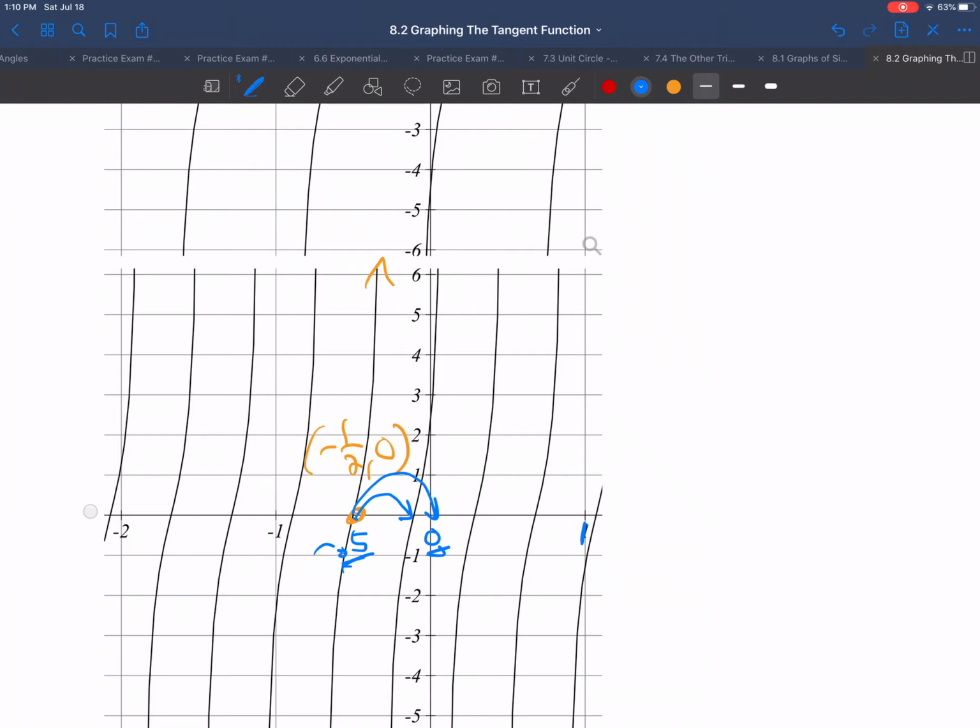Going from negative a half to 0. It's less than a half. So this period is less than 0.5. It's the wrong period, isn't it? How far from cycle to cycle is less than a half? It's less than 0.5. So no way it's 0.75.